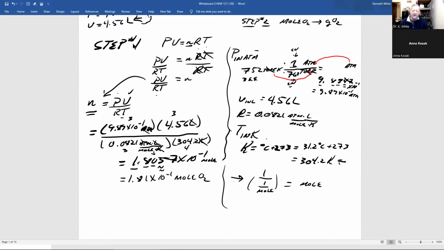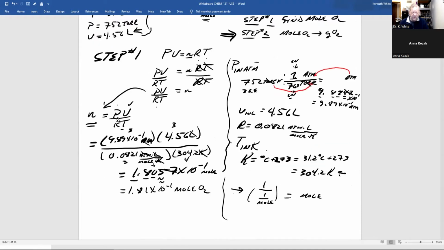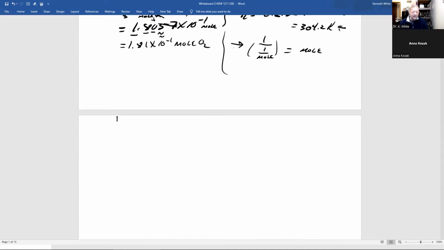Are we done? No. If you look up here by the question mark, we're trying to get the grams of oxygen. And now we need to do step number 2. Go from moles of oxygen, which we just calculated, to grams O2.